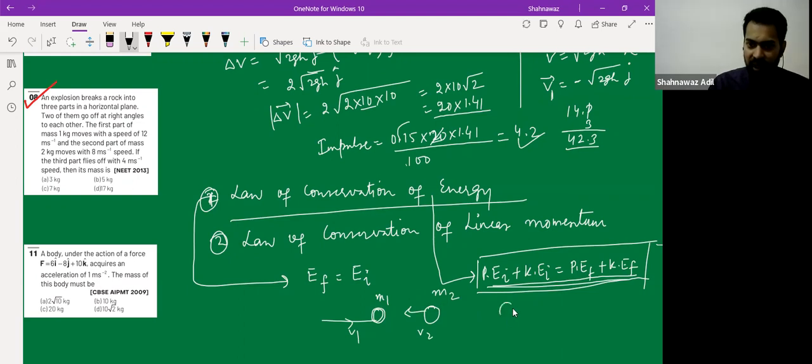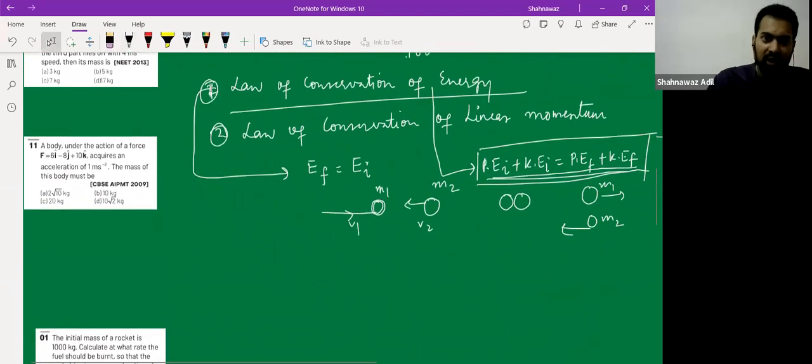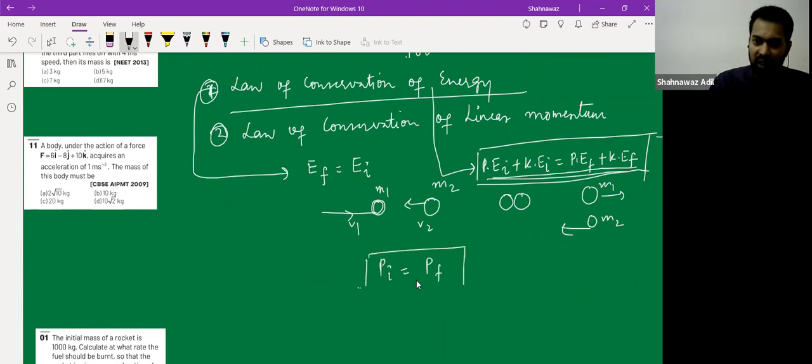When they collide, and after the collision they move like this, this is m1 and this is m2, right? So the momentum before the collision, p initial, will be equal to p final. So this is called the conservation of linear momentum, right?